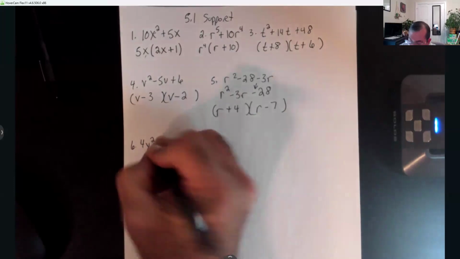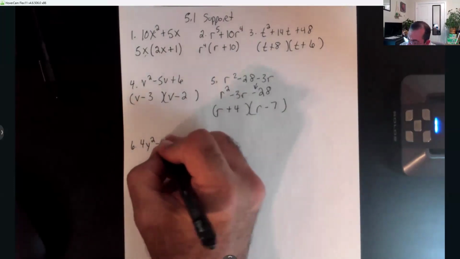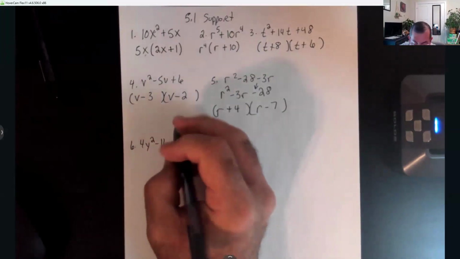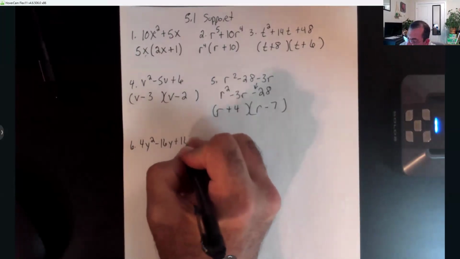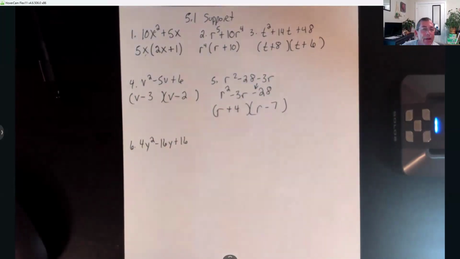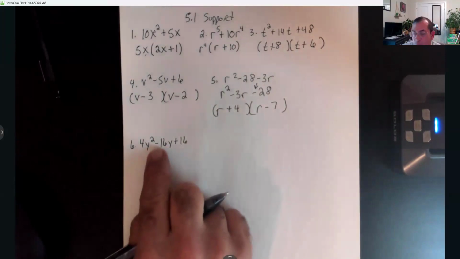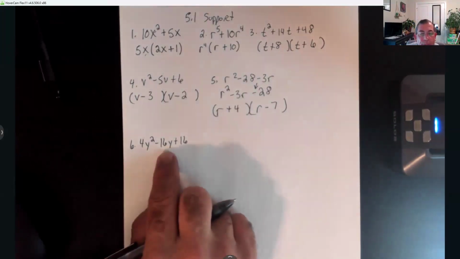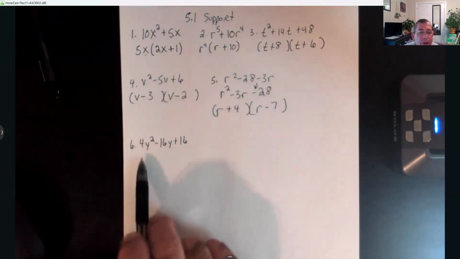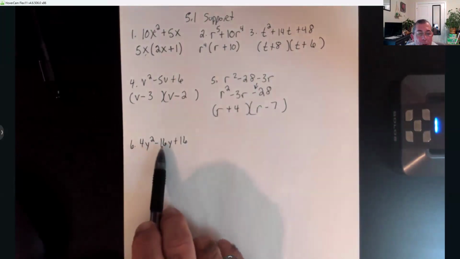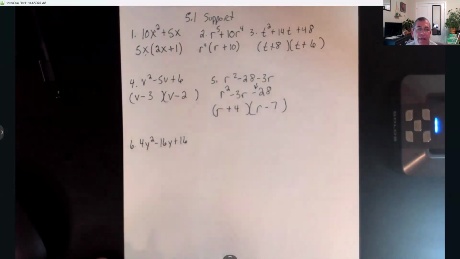All right, 4y squared minus 16y plus 16. All right, y'all, there's one thing I'm going to do before I try to factor this one. Look at all three of these numbers, a 4, 16, 16.